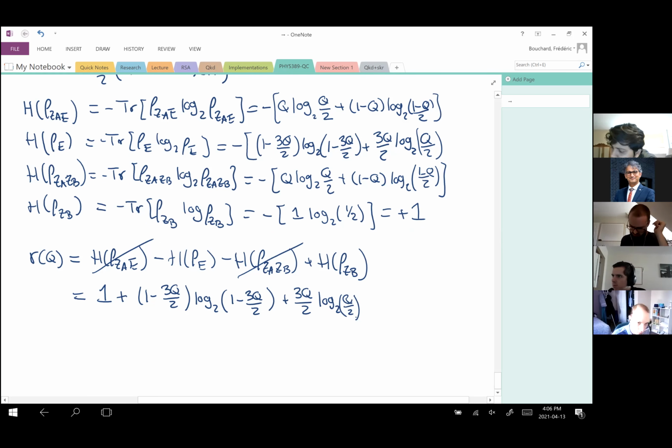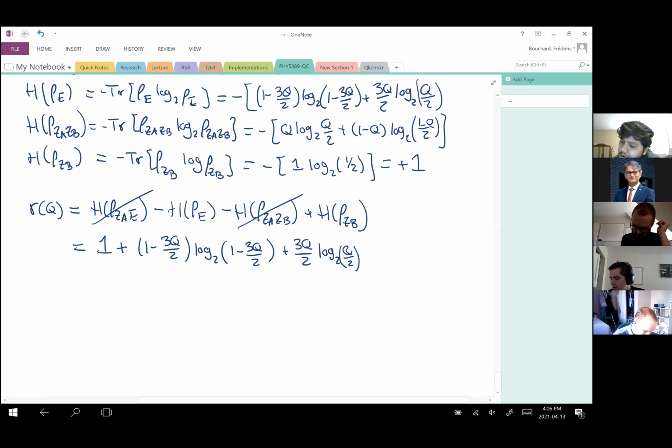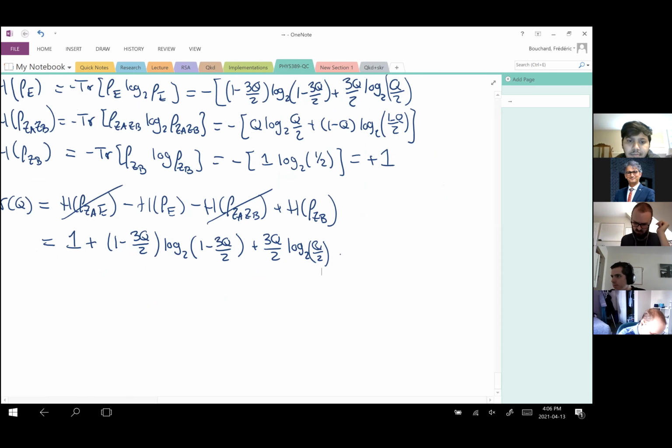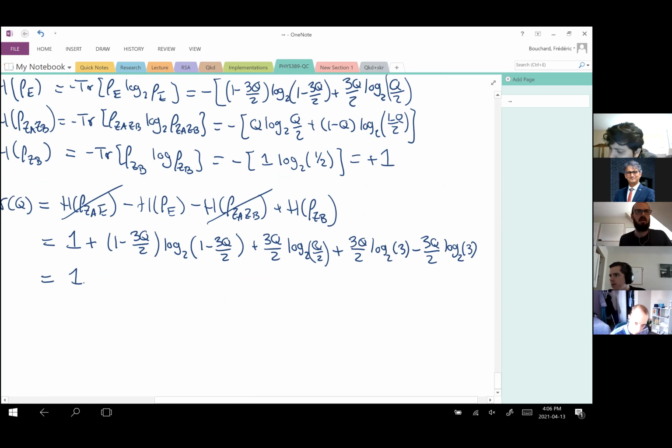So to do this, let's add and subtract this term. What you see, this is just trying to get the 3 of the fourth term into the third term. So by doing that, this is what we get now.